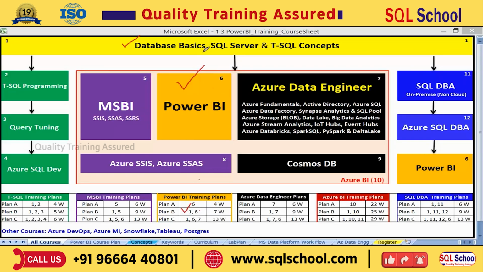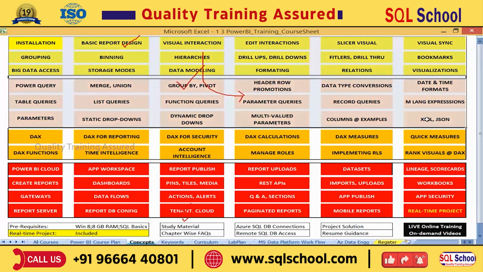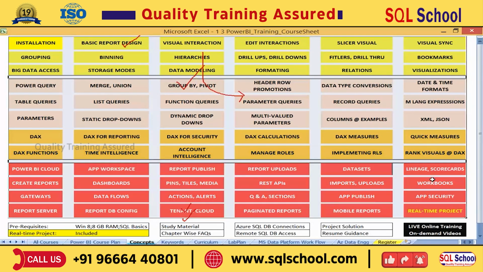Then you may plan for Azure Data Engineer, box 7, for experienced profiles. And what are we going to learn? In core Power BI, we'll be understanding various concepts right from installations to visualizations, reports, Power Query, DAX, cloud and report server with project work.